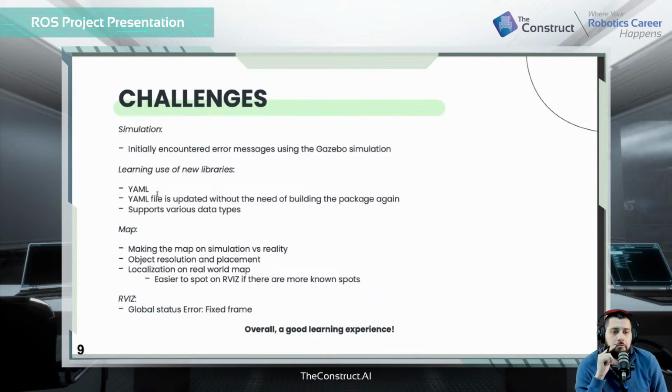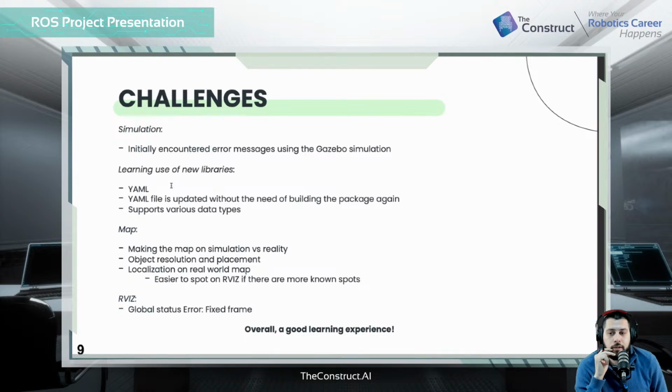And one thing I learned was the use of new libraries. For example, now with the YAML file, YAML Ain't Markup Language, it's basically updated without the need of building the package again. However, if you want to use those values, you have to build the package again.